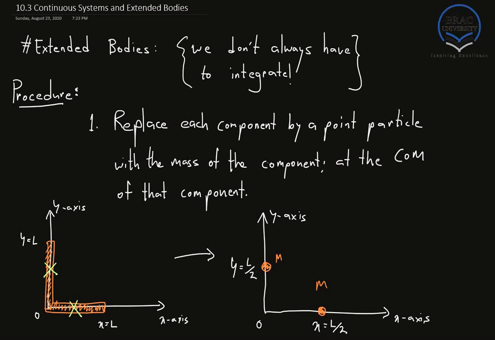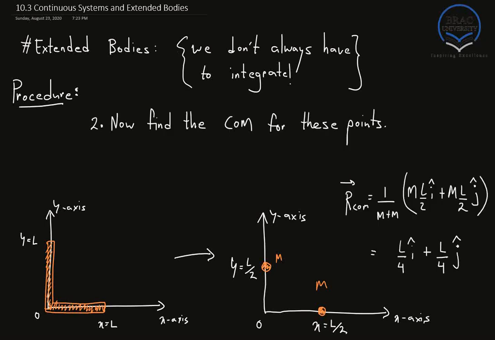So what should we do next? Obviously, we find the center of mass for these two points which have replaced this. And in doing so, we have cleverly avoided integration by breaking it up into components and finding the center of mass, and then finding the center of mass for those points, right? We should be able to find the center of mass of this whole system.